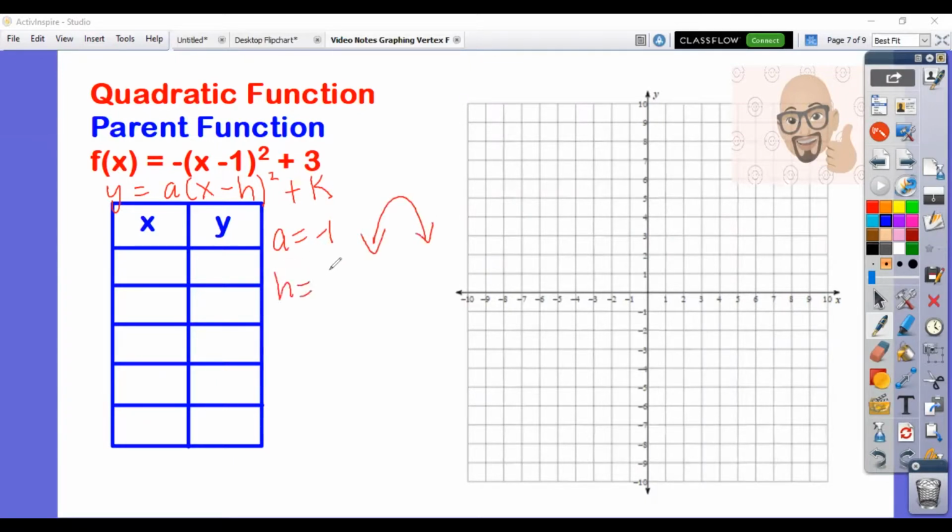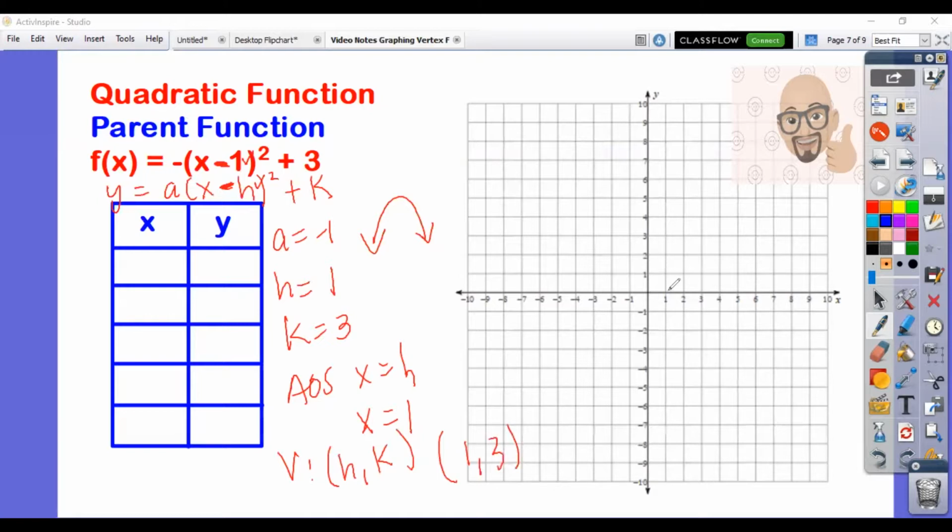The h here is 1. I know this is negative, but the formula has the negative, so therefore h is 1. The k there is positive 3. The axis of symmetry is x = h, which is x = 1. And the vertex is (h, k), which is (1, 3). There you go.